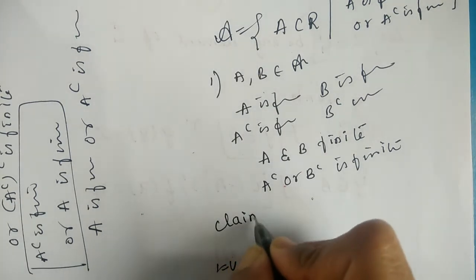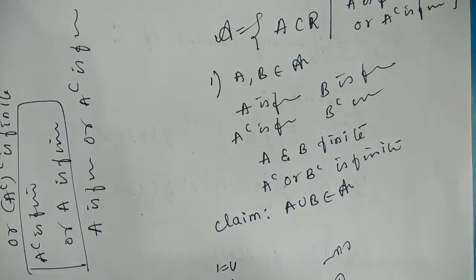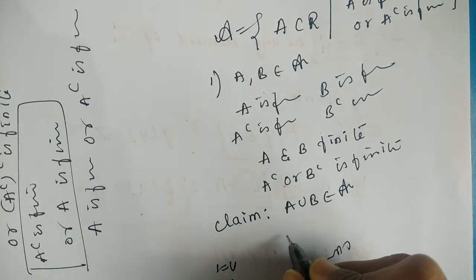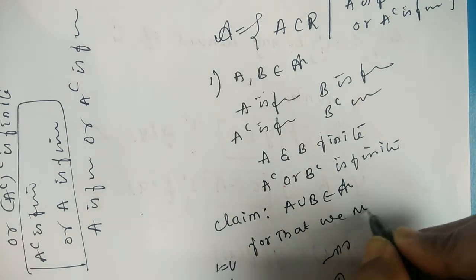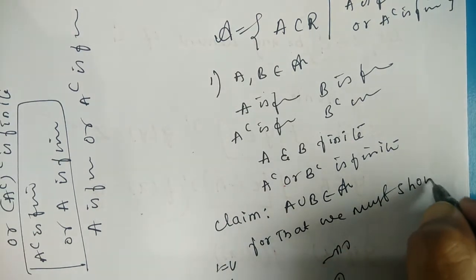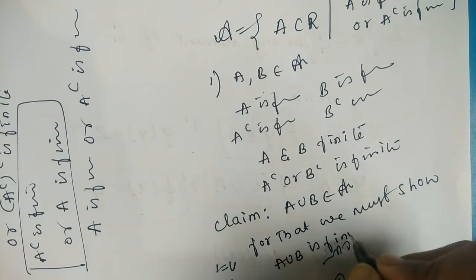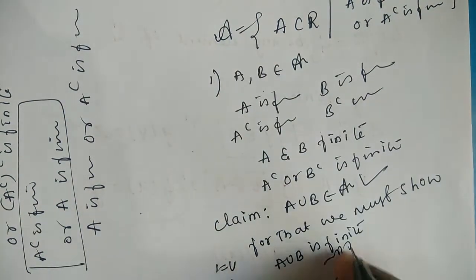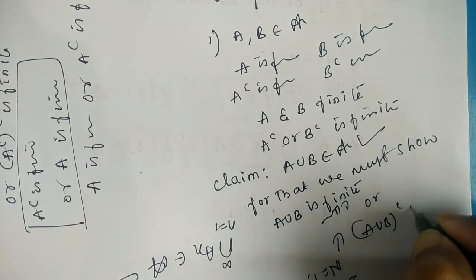We have to show A union B must be in the collection. To be in it, what is the condition? A union B is finite or A union B whole complement is finite.